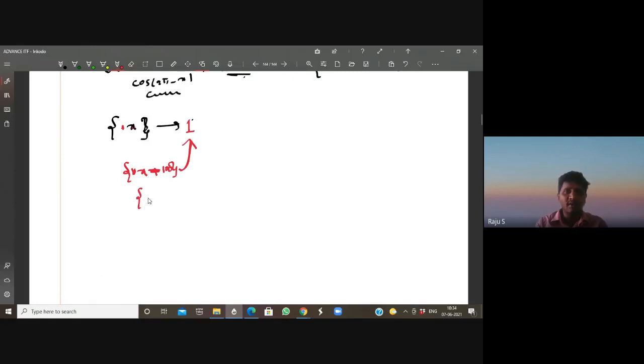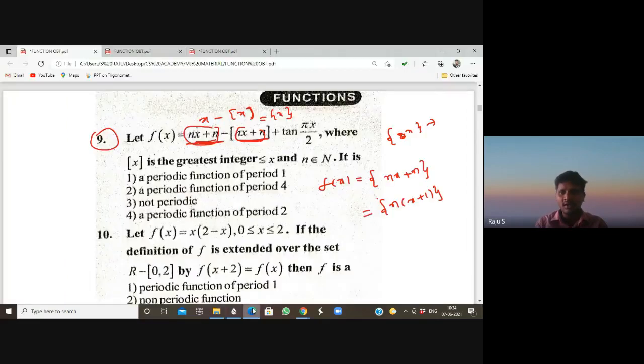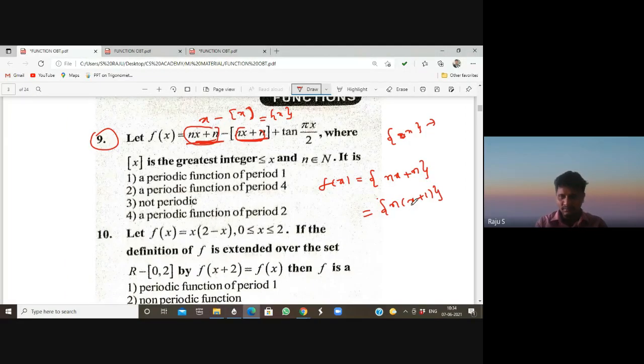And if I take 2x minus 1, now what is the x coefficient? 2. So the period is 1 by 2. This 2 becomes the denominator. For example, if x by 10 is there, you cross multiply: 1 into 10 is 10, like that. So here, what is the x coefficient?